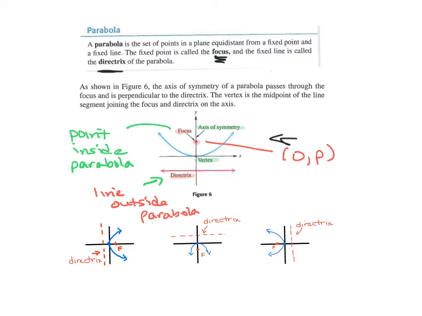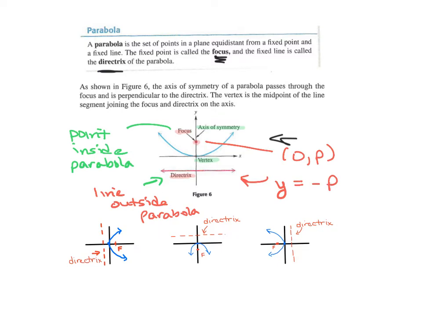Our directrix is going to be the opposite of p, and again, this is when our parabola is opening up and down when we have an x squared term. So our directrix is going to be an equation of the line, and it's going to be y equals the opposite of p.